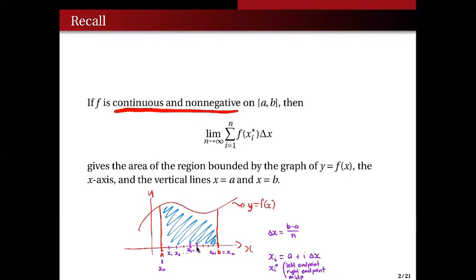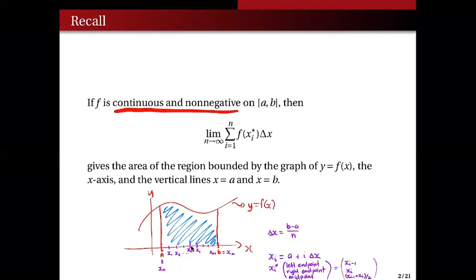In our examples, we did not consider the midpoint, but it's also a possibility. The left endpoint is x sub i minus 1, the right endpoint is x sub i, and the midpoint is the average of the two points, (x sub i minus 1 plus x sub i) divided by 2. These are the three good sample points that we can choose.